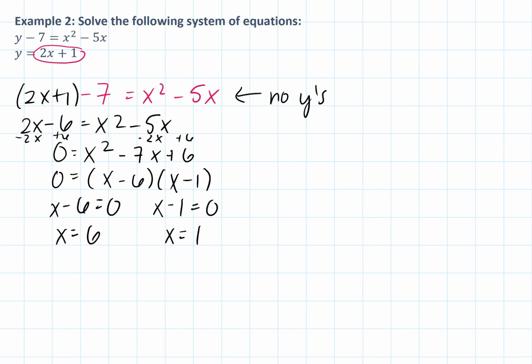But remember, a solution to this system is a point of intersection. You need x values and you need their corresponding y values. So an easy place to substitute would be back into this equation here, although you can substitute these x values into either equation. So we'll say the y value that goes with the x value 6 is equal to 2 times 6 plus 1, or 13.